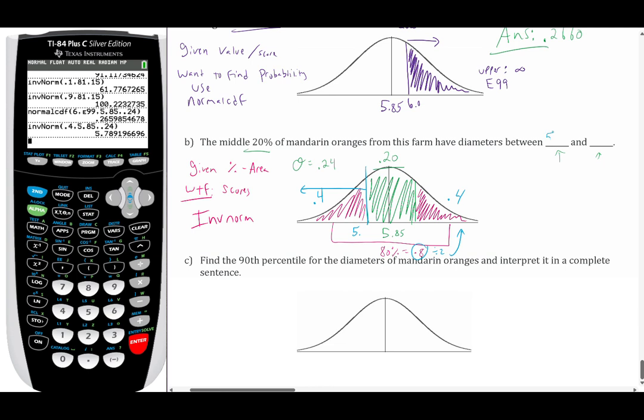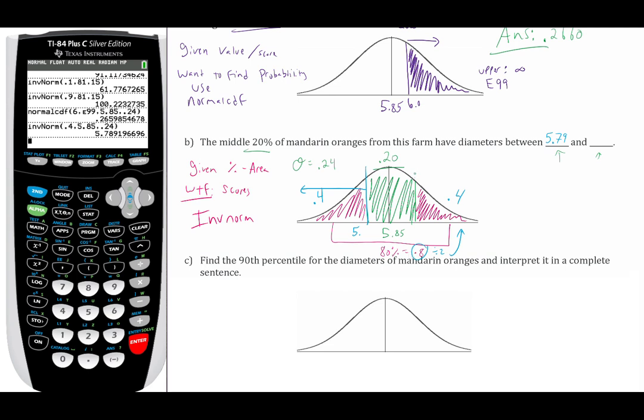We'll just call this 5.8. Well, I guess the mean is given to two place values. We should keep this to two place values. 5.79. Again, the mean was given to two place values. The standard deviation was given to two place values. We'll keep this one to two place values as well.